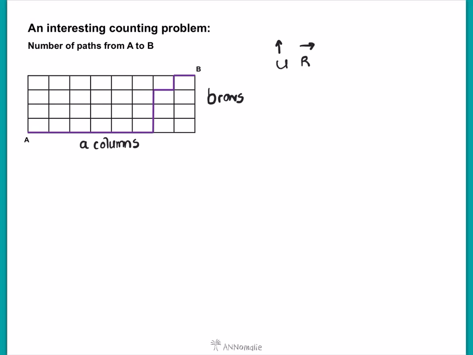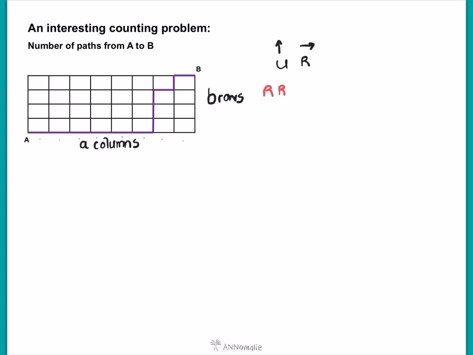And each path will define a unique code that consists of R's and U's. So let's say we've got a code here, R. So we can double check 1, 2, 3, 4, 5, 6, 7, 8. That means our code will consist of 12 entries.